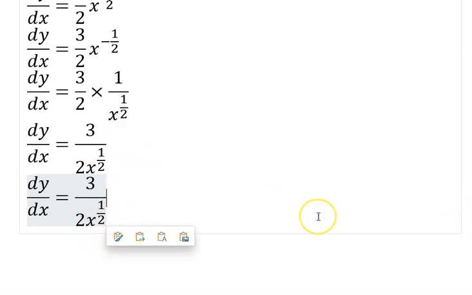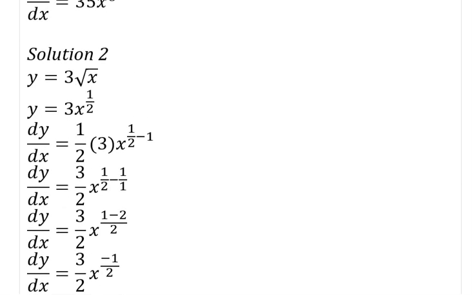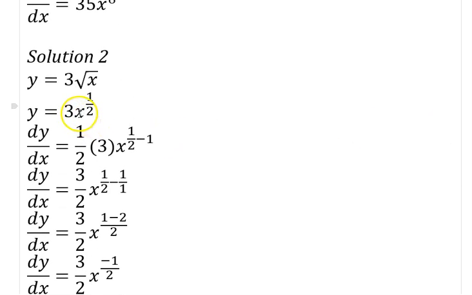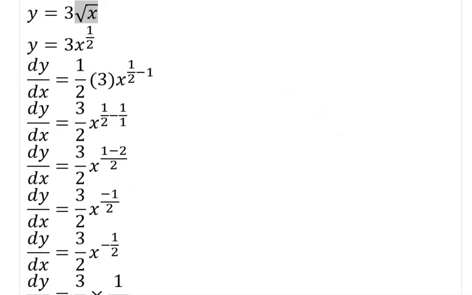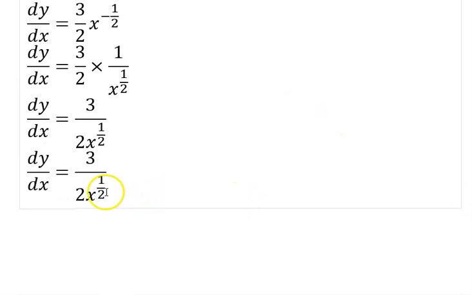You know, at the beginning of this solution, we converted square root of x to x raised to power half. So this x raised to power half is still the same thing as square root of x. It depends on how you want to leave your answer.